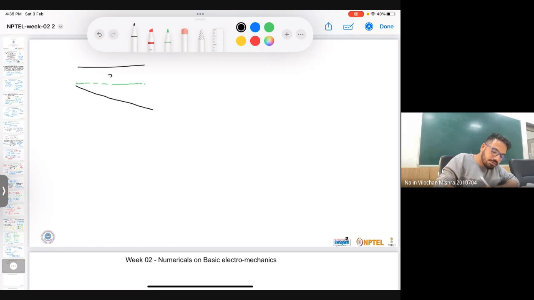Like what happens if the distance here is given as d1, but this distance is basically a function of x.